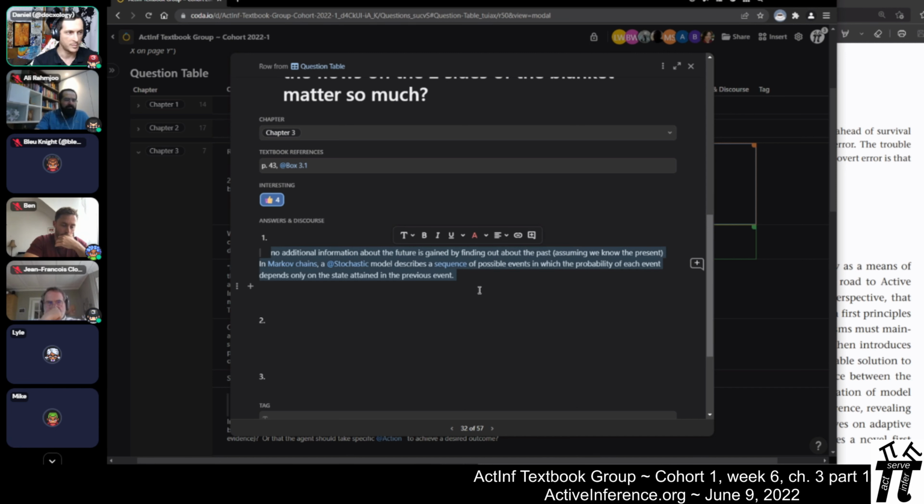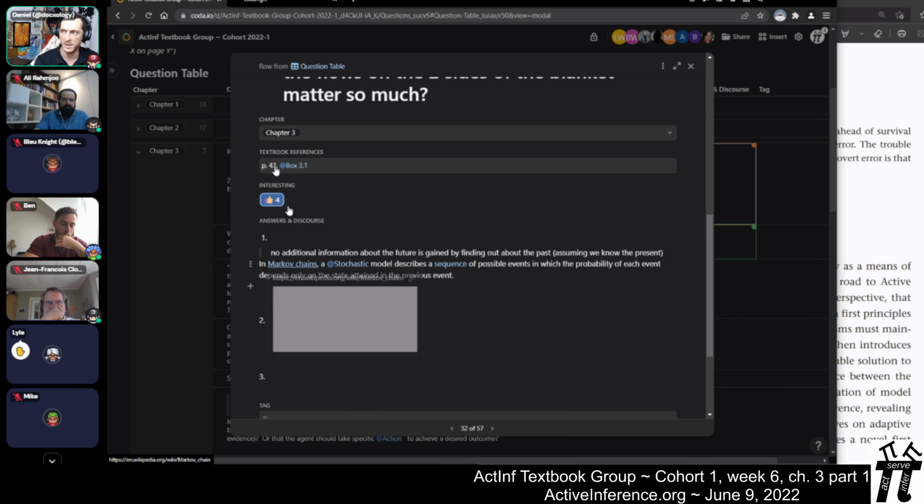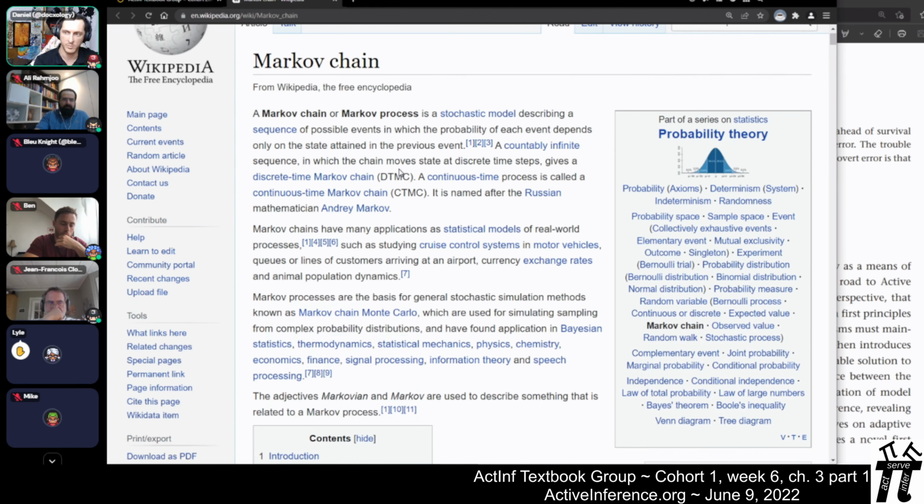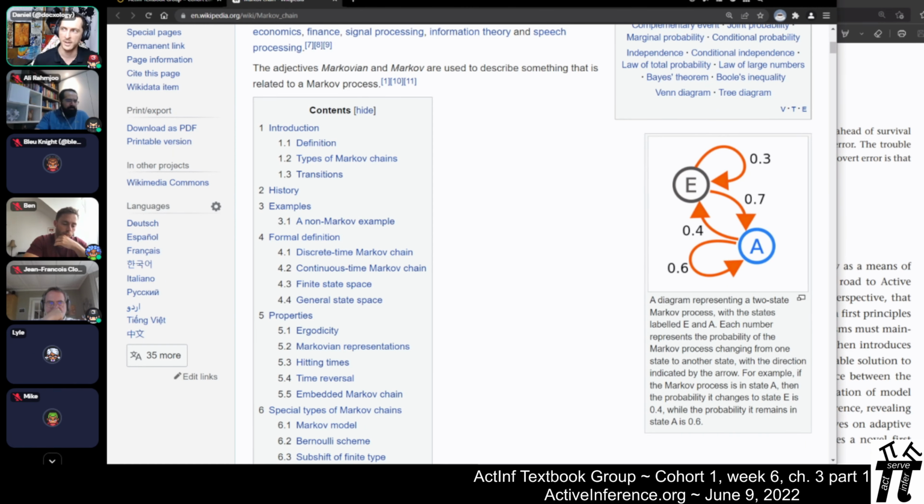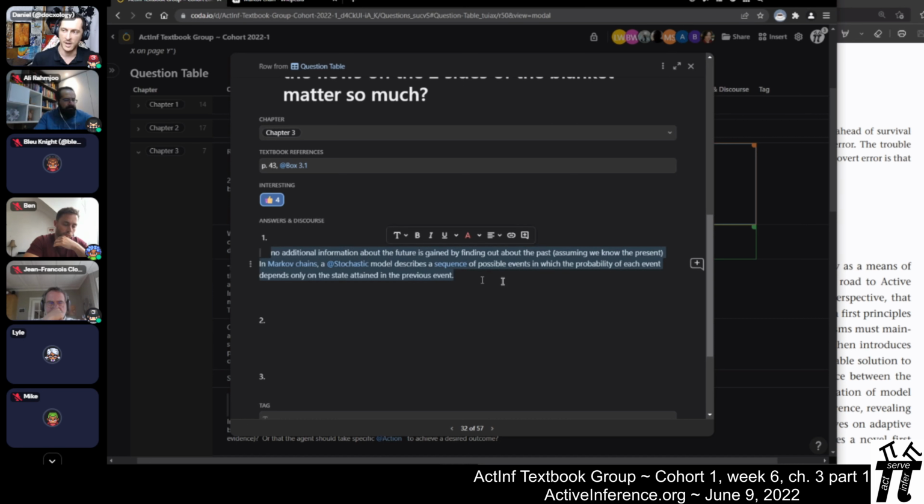Yes. Great comment. And a Markov chain is used very broadly. Just to give one example, it's like the current state of the chessboard. Knowing more about previous moves doesn't tell you more about the future.